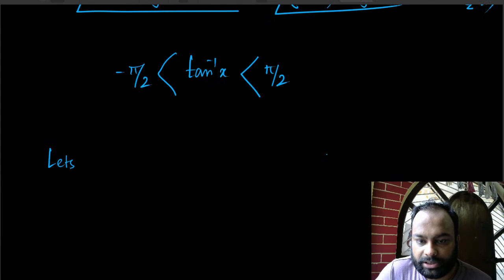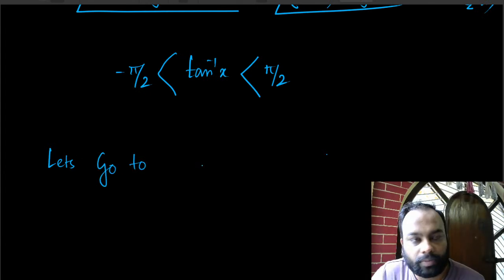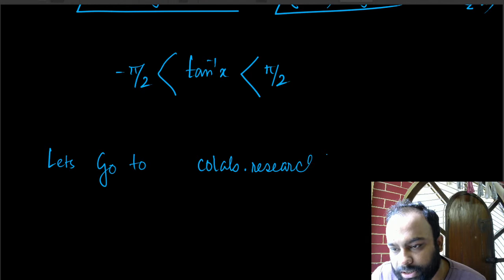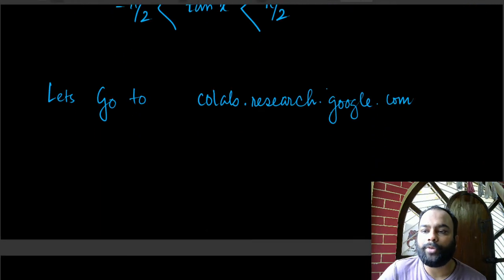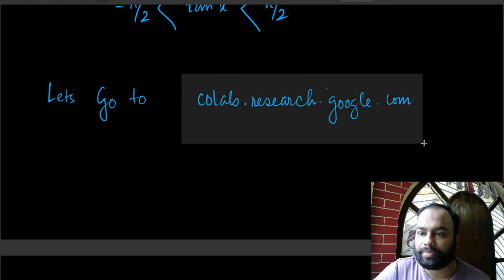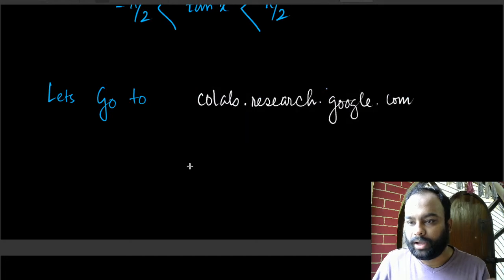So let's go to colab.research.google.com. This is the website where you can do Python programming, and everything will be saved like a Google Doc, in your Google Drive.